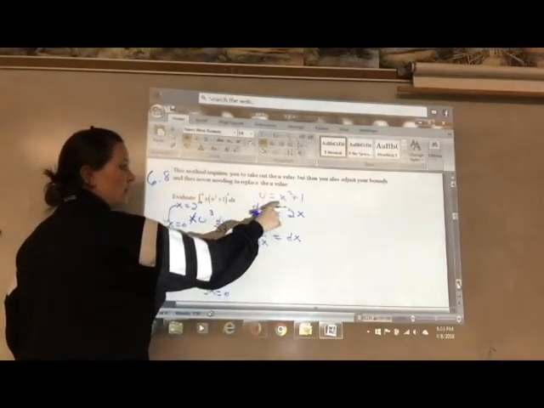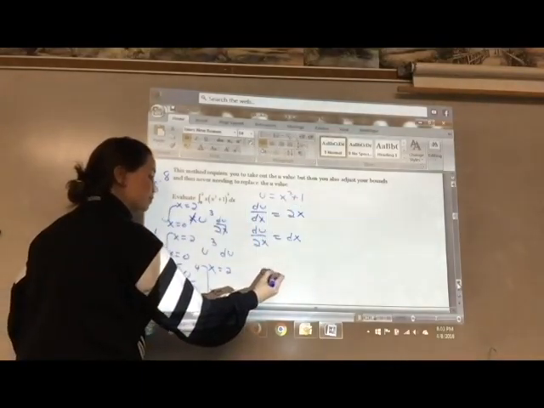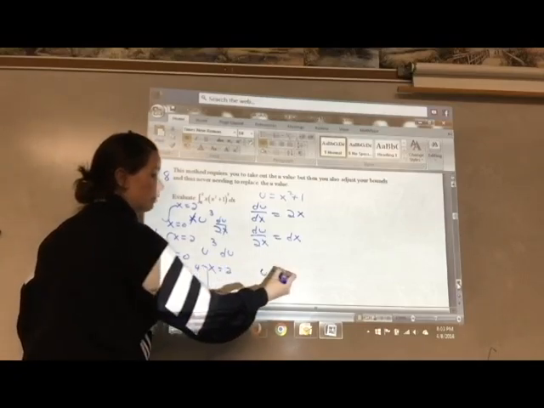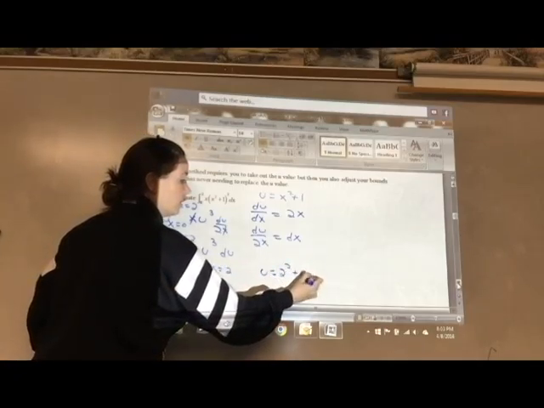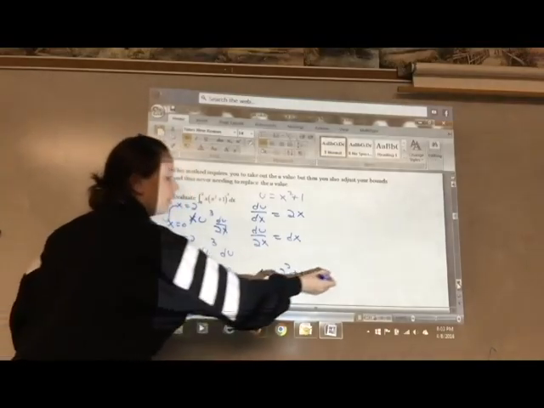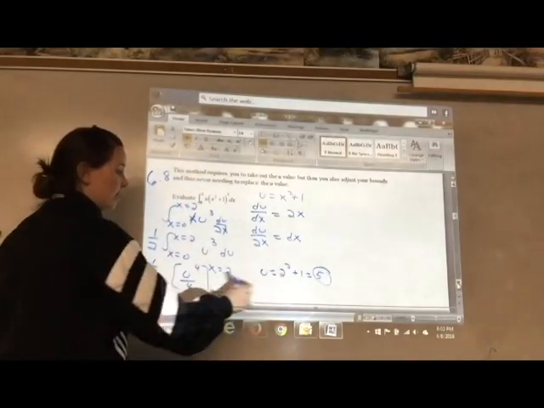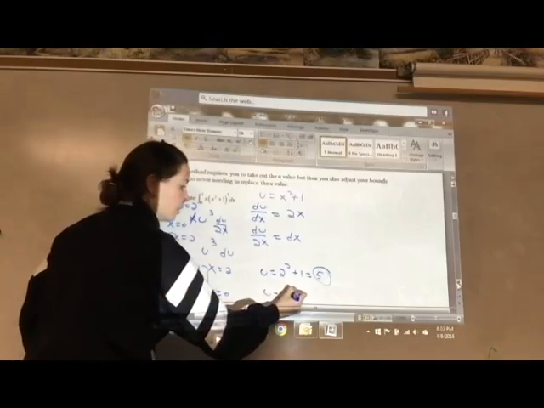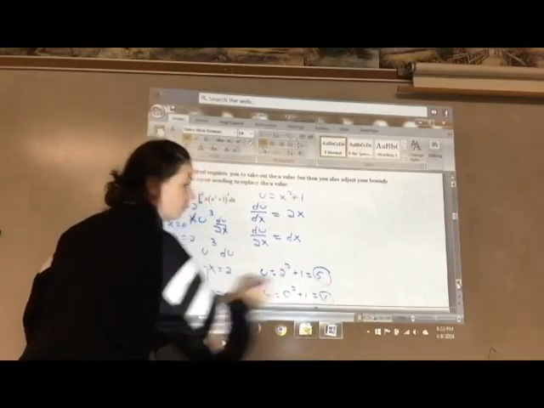If u is equal to x squared plus 1, and x is 2, then 2 squared plus 1 is equal to 5. That's my new upper bound. And u, again, is equal to x squared plus 1, so x is now 0 squared plus 1. So my new lower bound is 1.